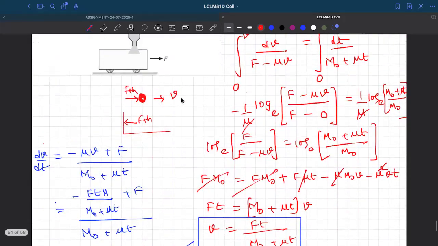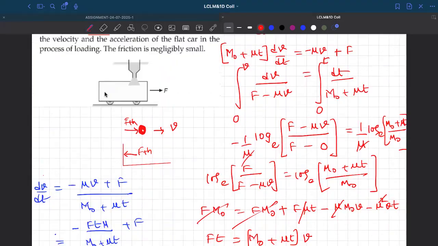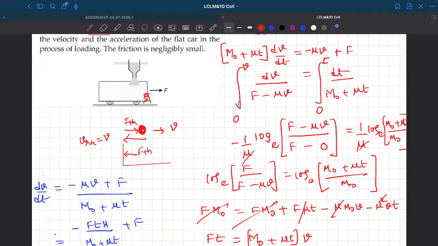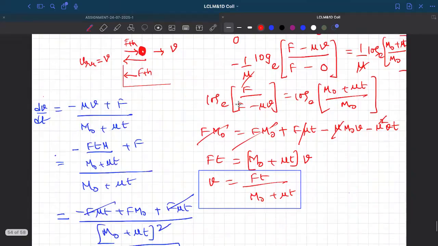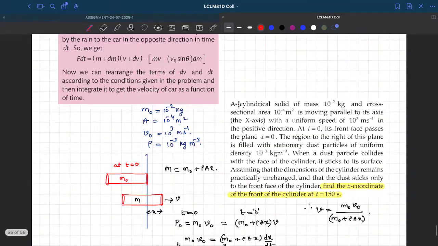In fact, here also you can see the added mass will have a relative velocity with respect to this system, in this direction. With respect to the remaining system, the relative velocity is in which direction? Leftwards. Yes or no? Right. Similarly, here also the same situation.